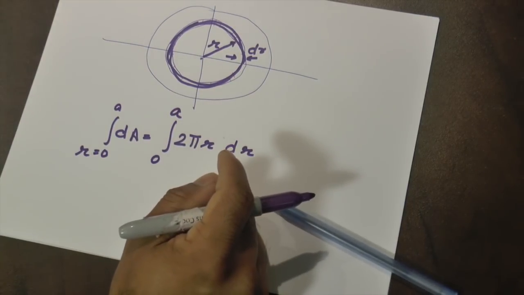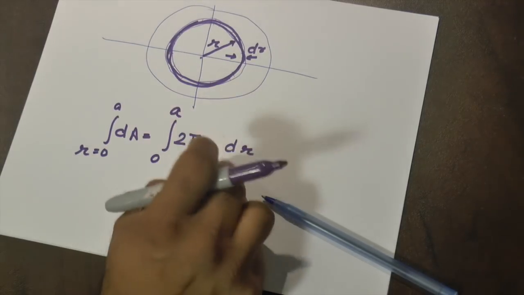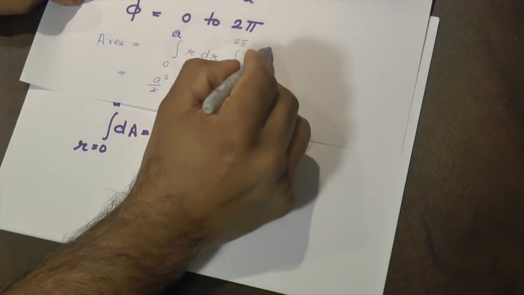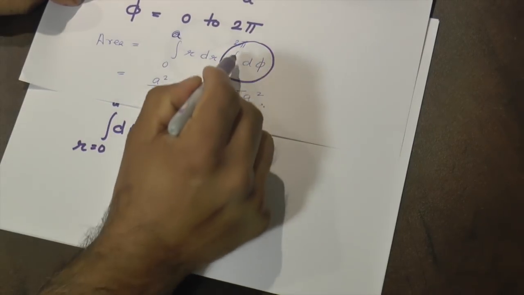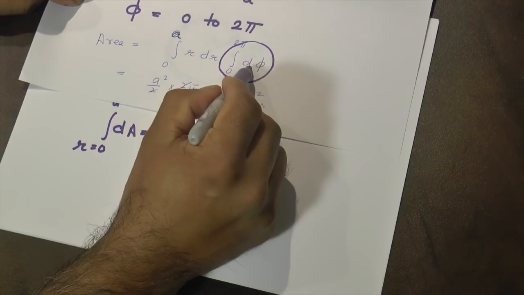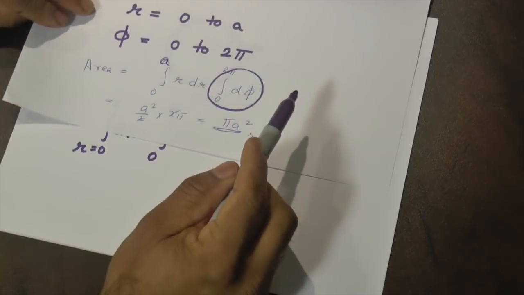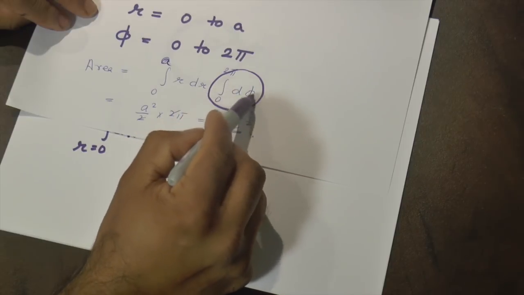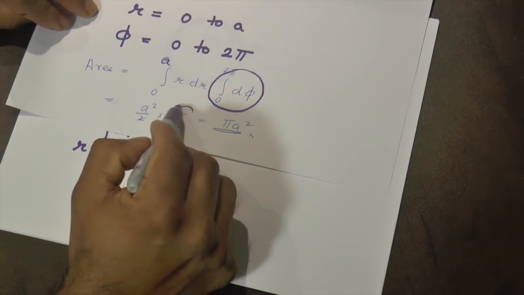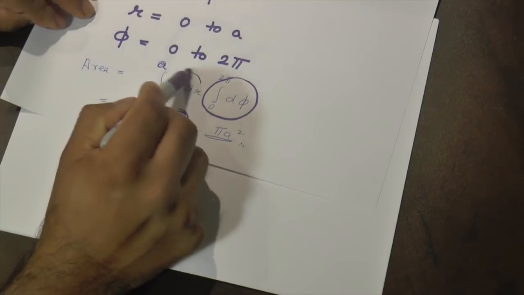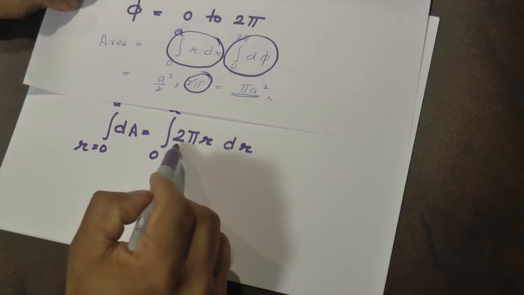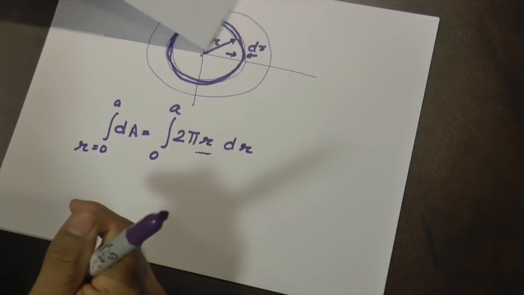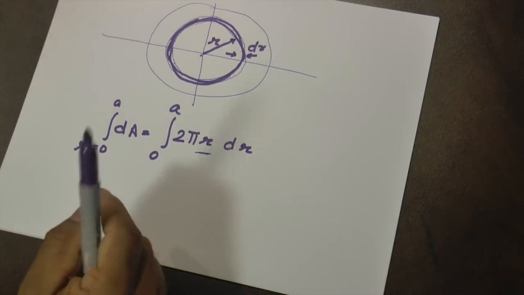Now you notice what you just did here is exactly what you had done with the full maths. You had seen that nothing is changing in the φ direction. Because things are not changing in the φ direction, the integral in the φ direction is just going to be 2π, and then all you have to do is an integral of r dr. So both ways, obviously, you should get the same answer, otherwise you're wrong.